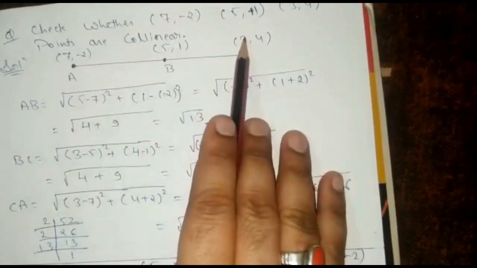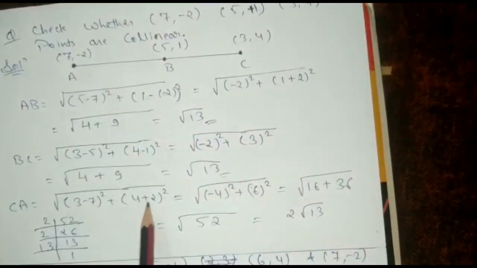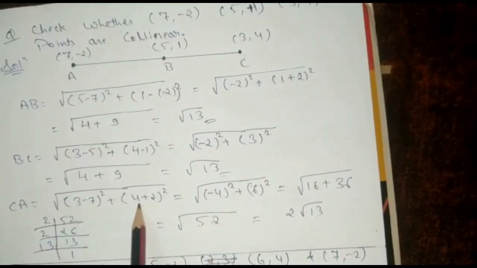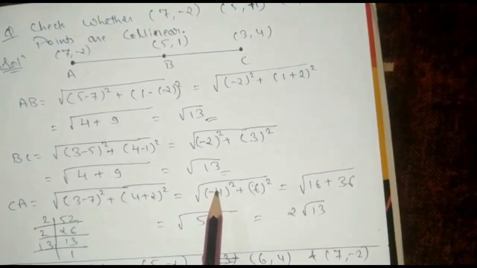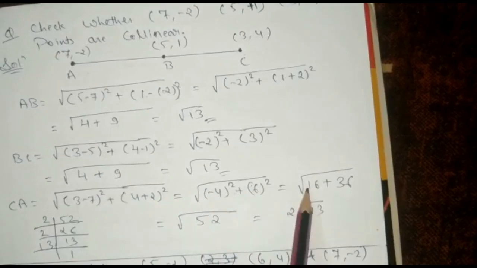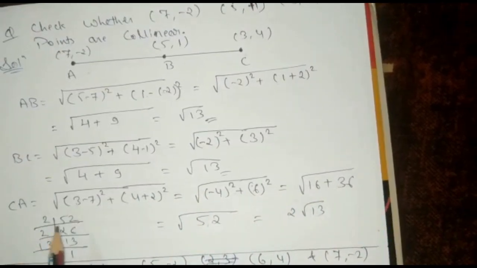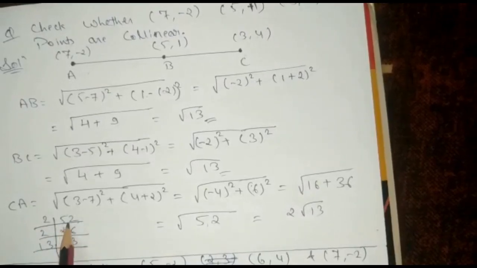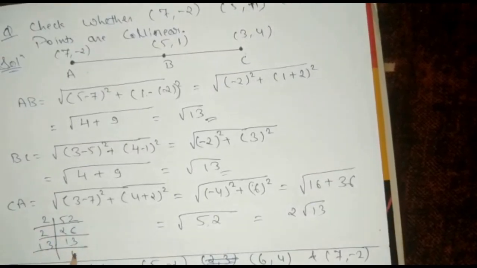CA is (3 minus 7) the whole square plus (4 minus minus, plus 2), 4 plus 2 the whole square. 3 minus 7 will be -4 the whole square, 4 plus 2 will be 6 square. The square of a negative quantity is a positive quantity, so it will become 16, 6 square is 36, root 52. So solving root 52, taking the factors of 52: 2, 26, 2, 13, 13, 1.